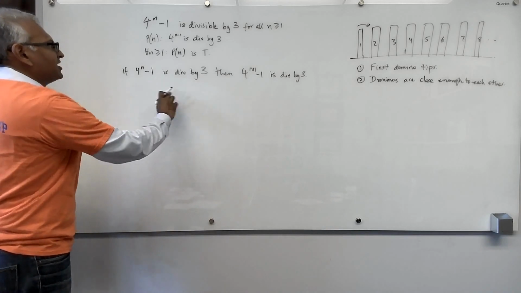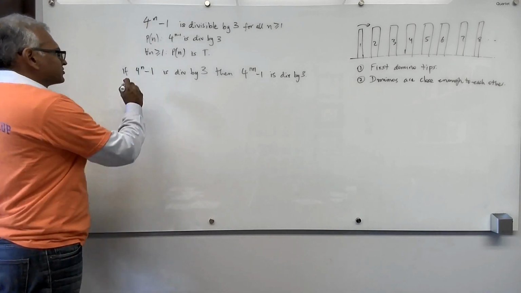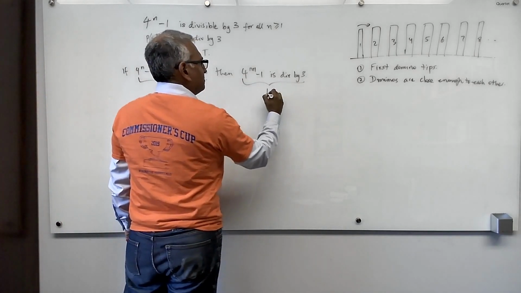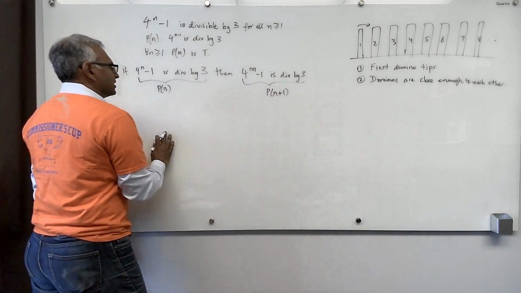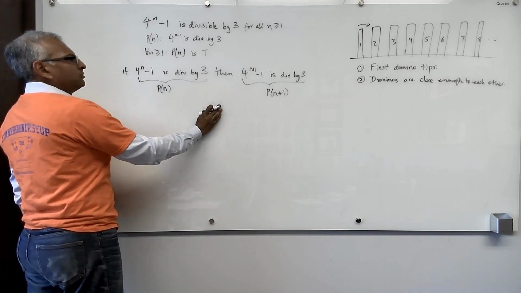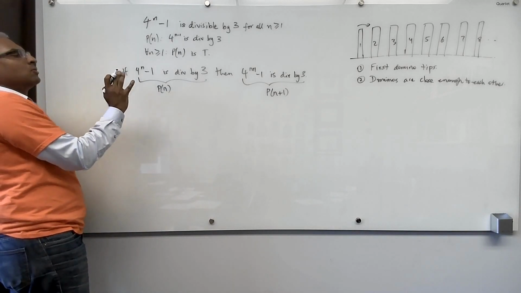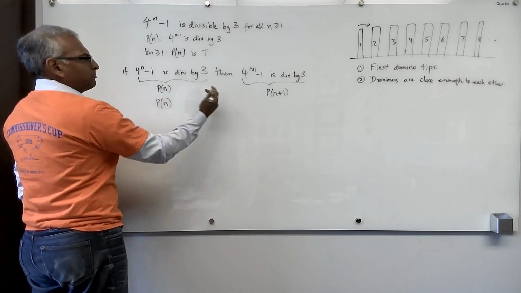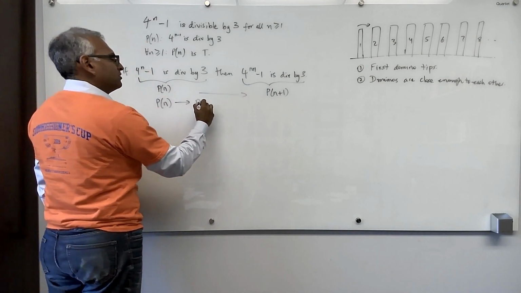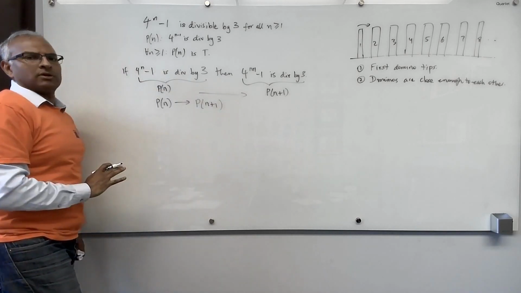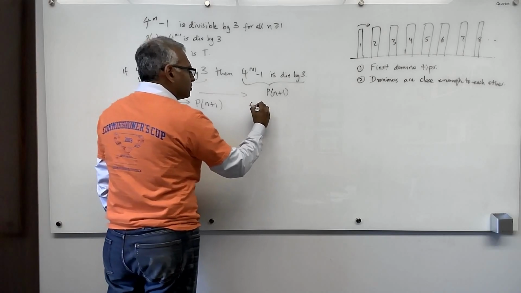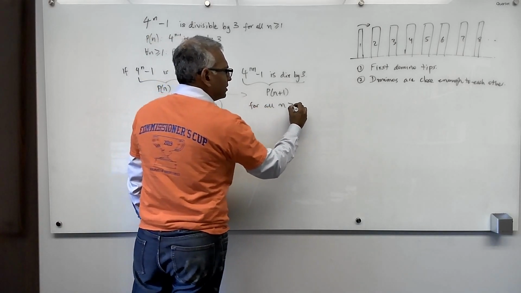Let me phrase this in the language of my predicate P of n. This is P of n, and this is P of n plus 1. What you have proved is that P of n implies P of n plus 1, and you didn't need to know what n was. So this is true for any n. In particular, it's true for all n greater or equal to 1.